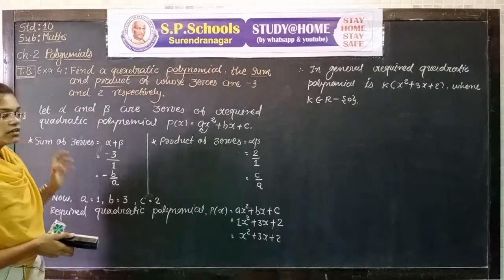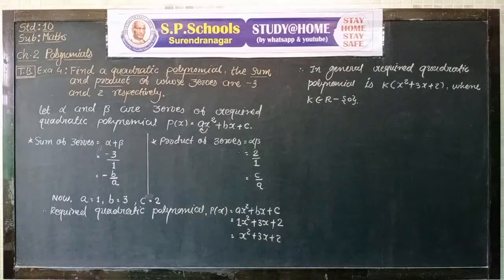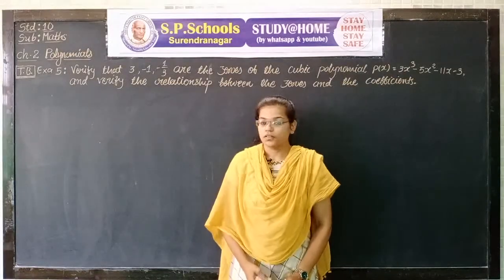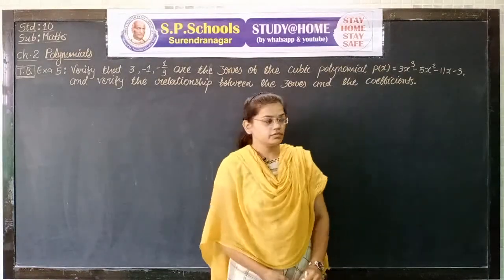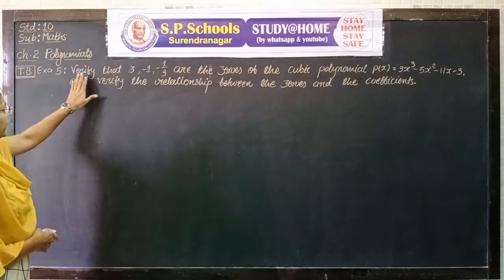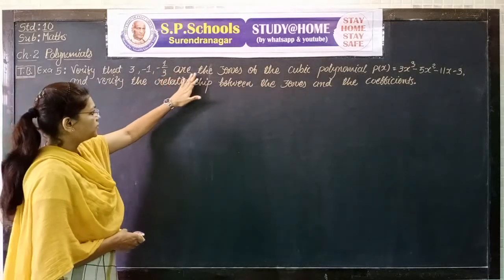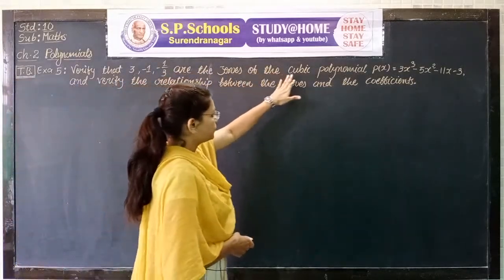Now let's see example number 5. First of all, the question: verify that 3, -1 and -1 upon 3 are the zeros of the cubic polynomial.